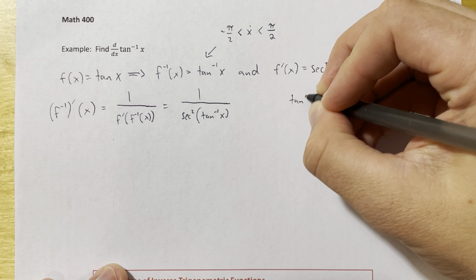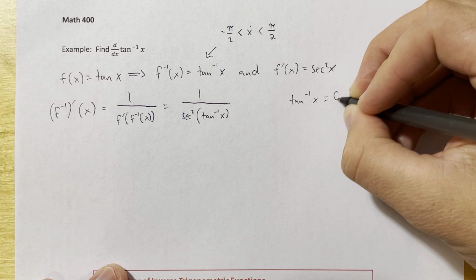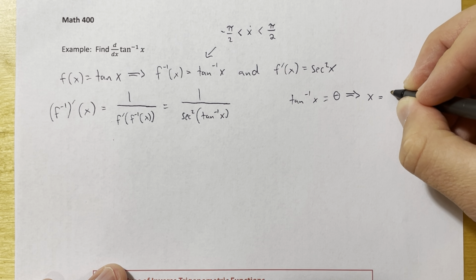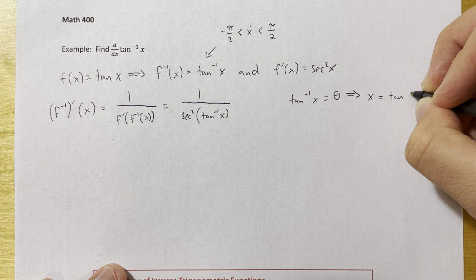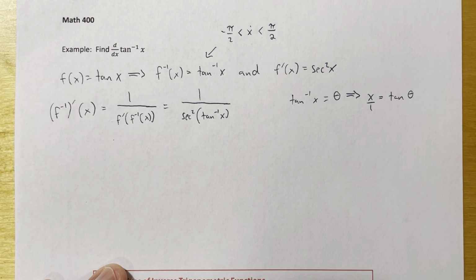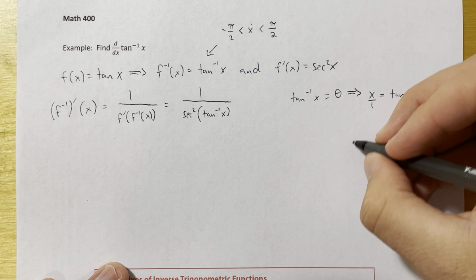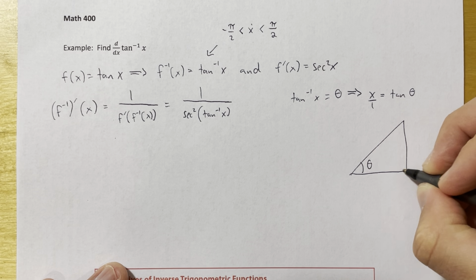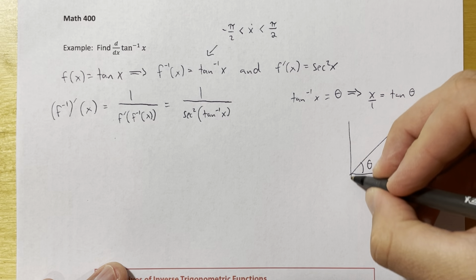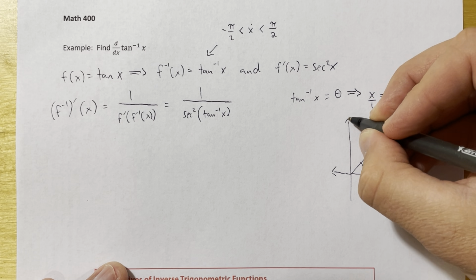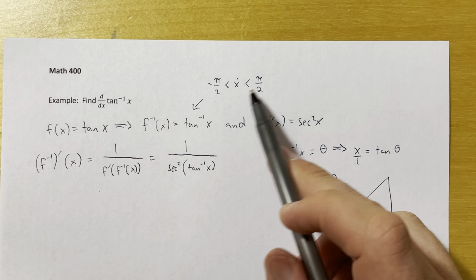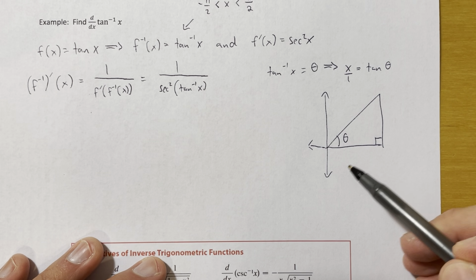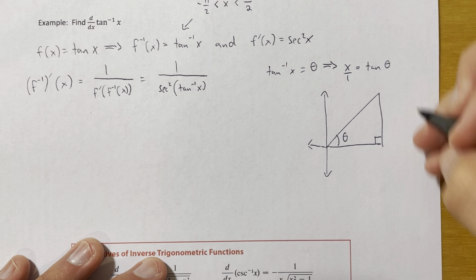Okay, I want to take the same approach as before. I'm going to say inverse tangent of x, we're going to think of as an angle theta, which implies that x is equal to tangent of theta, and again, I could also write that as x over 1. So same idea, I'm going to create a right triangle, label that angle theta, and we're going to remember that because of the restriction that we talked about here, this triangle could technically be either in the first quadrant or in the fourth quadrant down here.